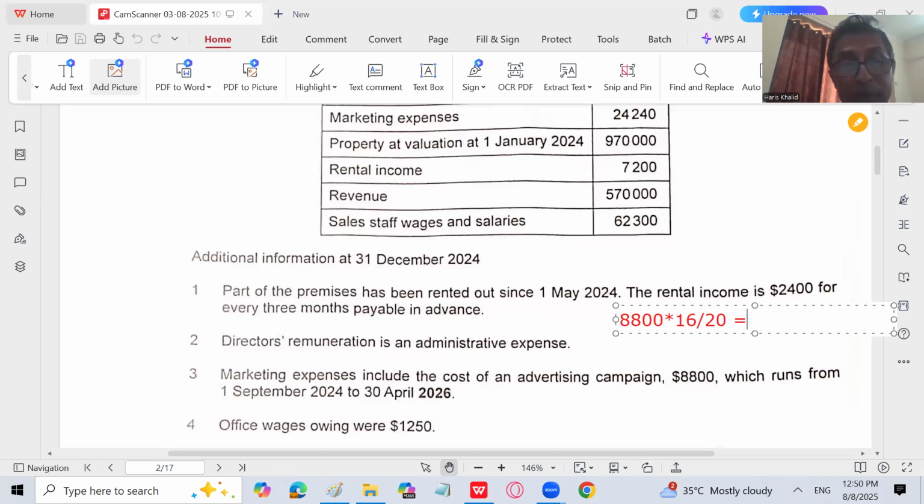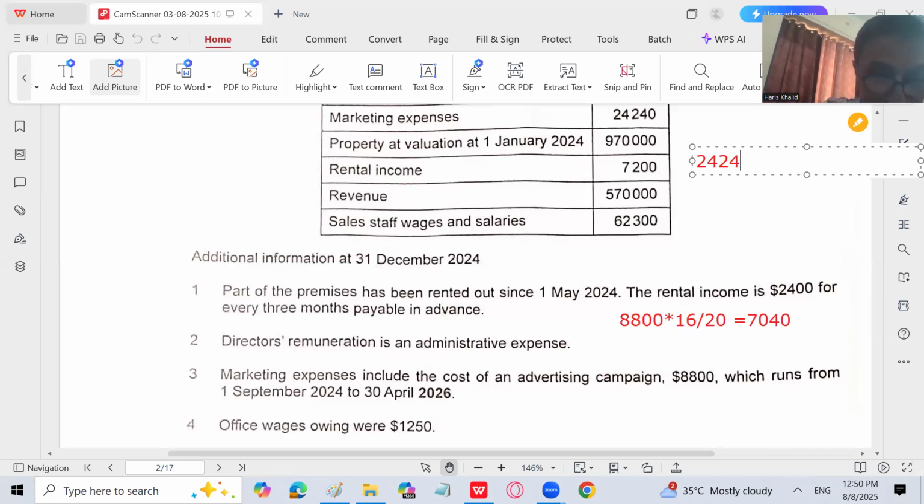So in all it becomes 20 months, out of which 16 months does not belong to our financial year. So 8,800 into 16 divided by 20 is 7,040. This 7,040 is our prepaid marketing expense, which is subtracted from 24,240. So 24,240 minus 7,040 becomes 17,200.